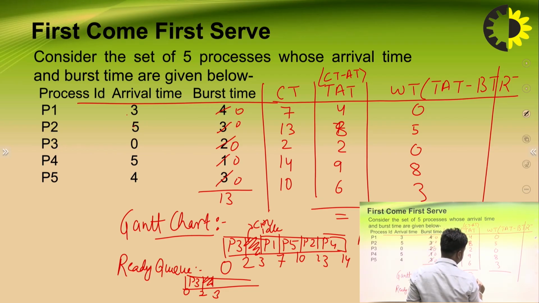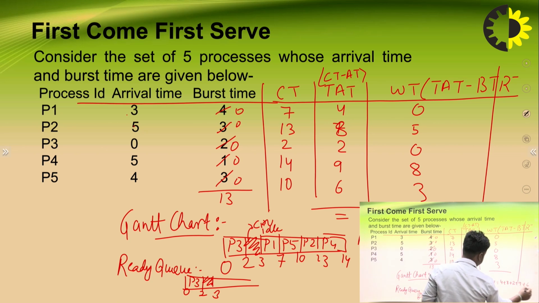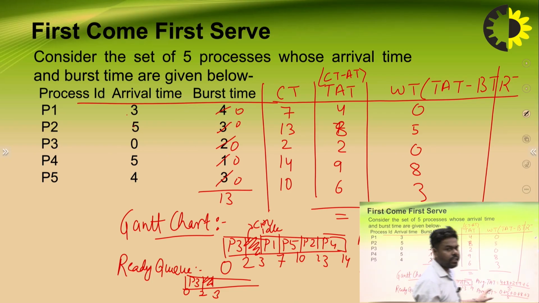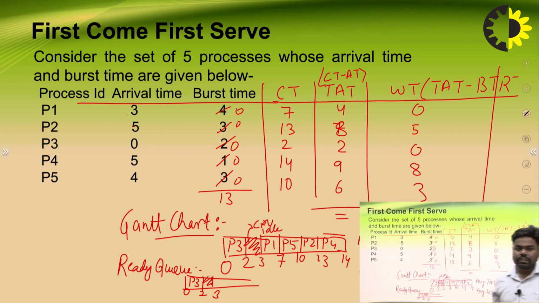The average TAT is 4 plus 8 plus 2 plus 9 plus 6 divided by 5, and the average waiting time is 0 plus 5 plus 0 plus 8 plus 3 divided by 5. These are the average TAT and the average waiting time of the first come first serve algorithm.